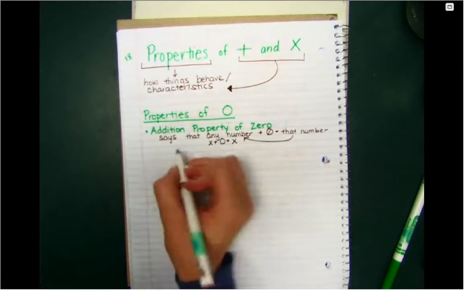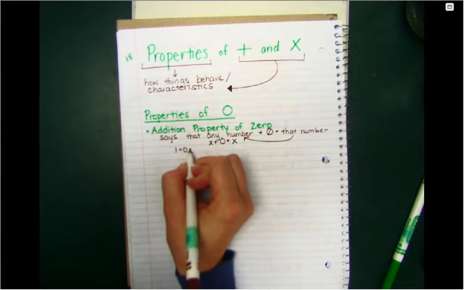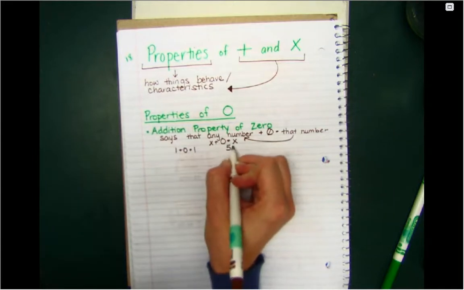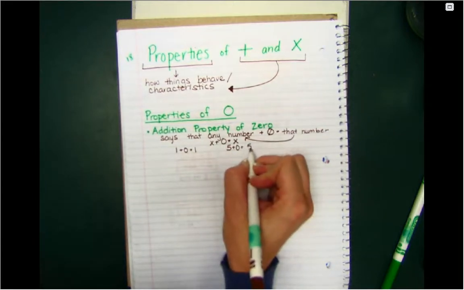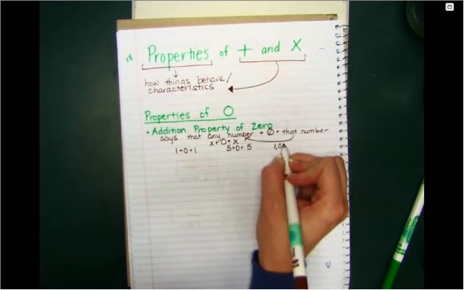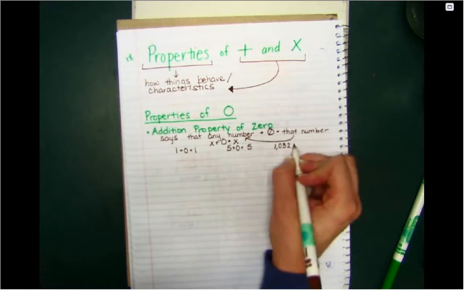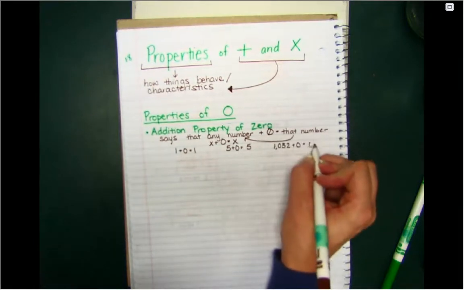We could also do a bunch of examples. So 1 plus 0 equals 1. 5 plus 0 equals 5. 1032 plus 0 equals 1032.